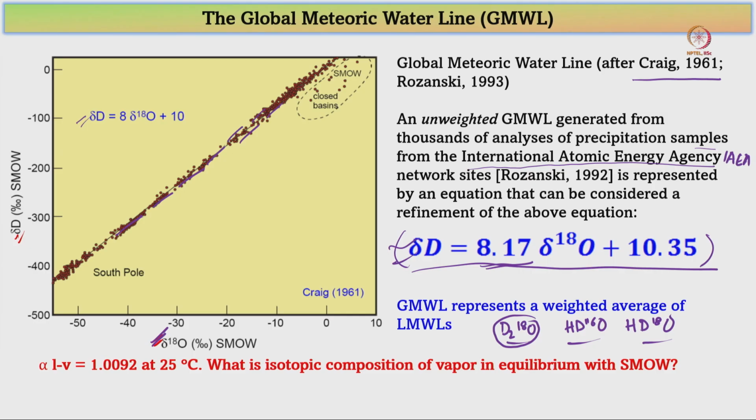If your data is more of precipitation, you should know that it should fall very close to the local meteoric water line, and even very close to the global meteoric water line. A few processes such as evapotranspiration and humidity can cause little shifts.